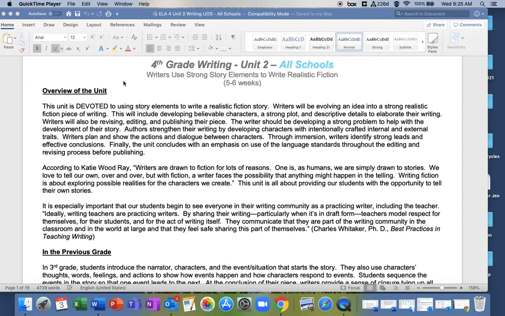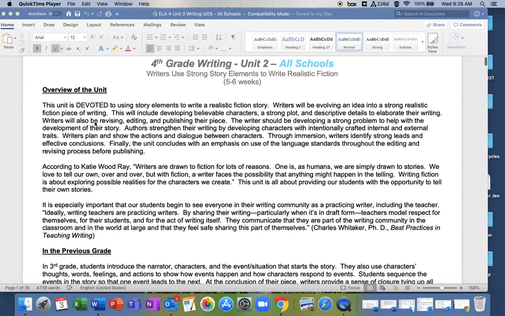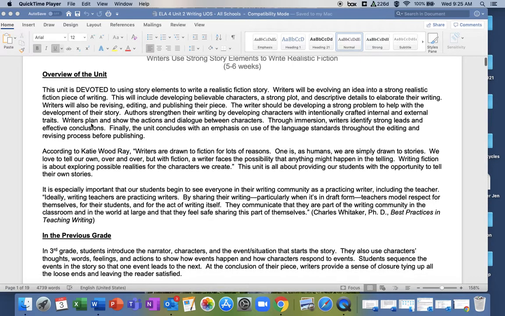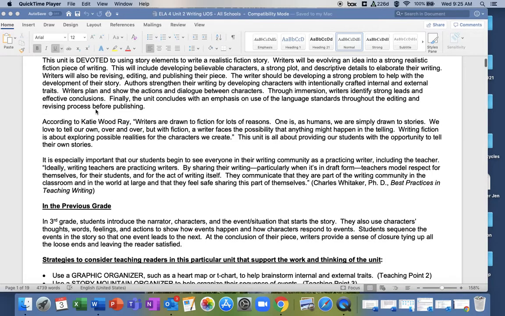So again, there is a lot of information within each unit, so I wanted to spend some time going over each component of the unit. As you notice right here, the overview of the unit, this is such an important page. I would like for you and your team to spend some time diving into this and really understanding. It gives you a quick overview of what this unit and what its purpose is.